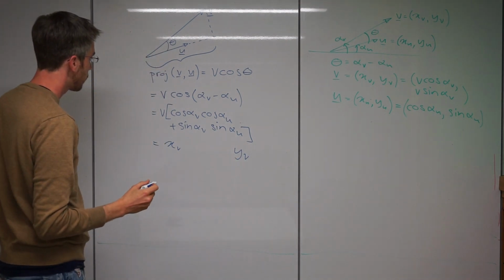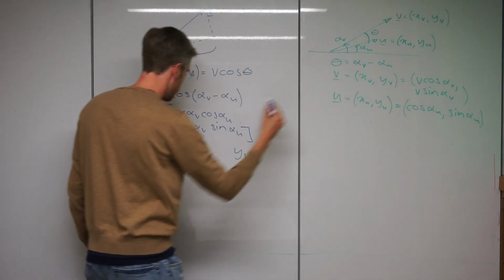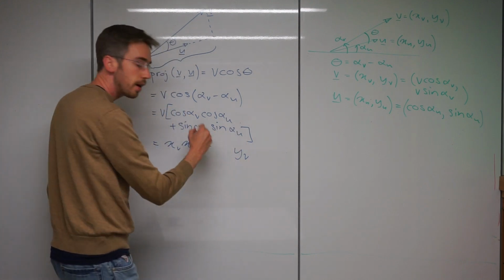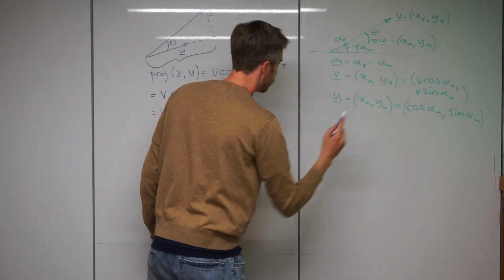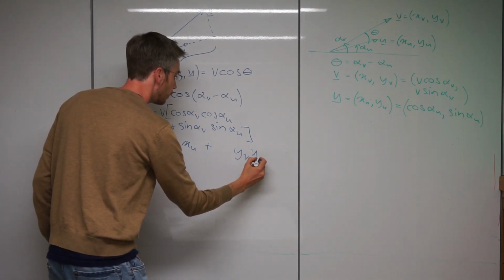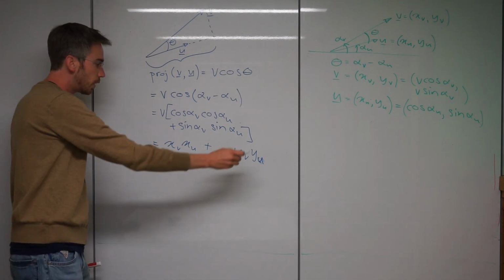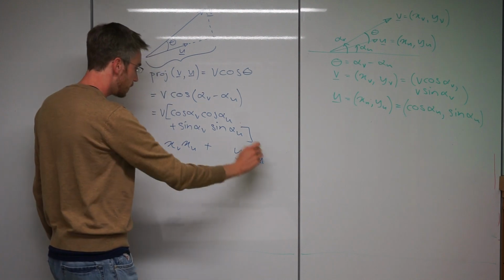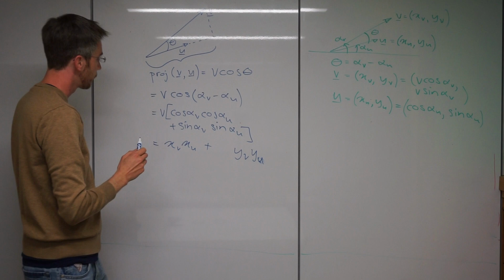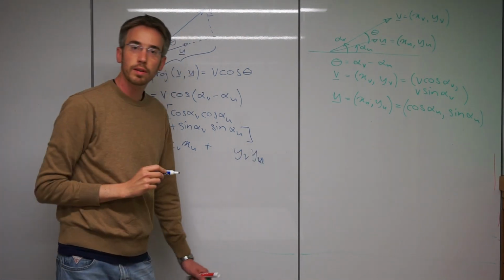We also know that cos alpha u is equal to xu, and we know that sine alpha u is equal to yu. So, here we have a very compact and elegant way of computing the projection of the vector v onto u by simply taking the product of the x's and adding it to the product of the y's.